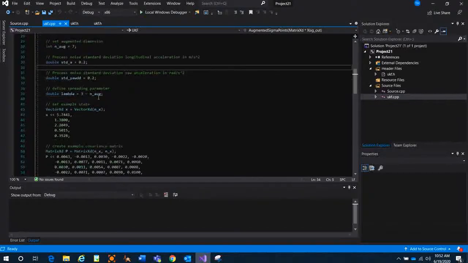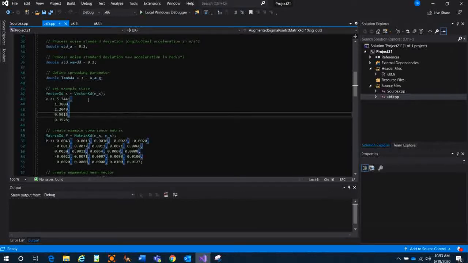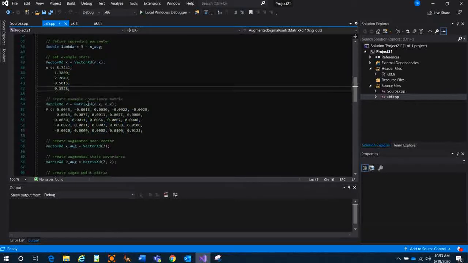And we assume the noise right here, mu a for acceleration is 0.2, and for the yaw acceleration right here is 0.2, okay? And we apply the lambda right here the same way. And we also have the mean state. I think you understand, quite a similar example. And we have the covariance matrix right here, right?